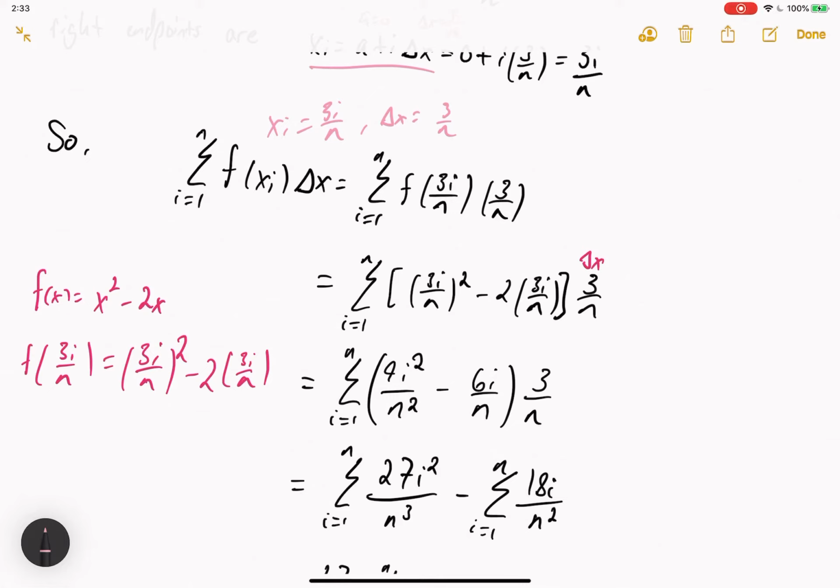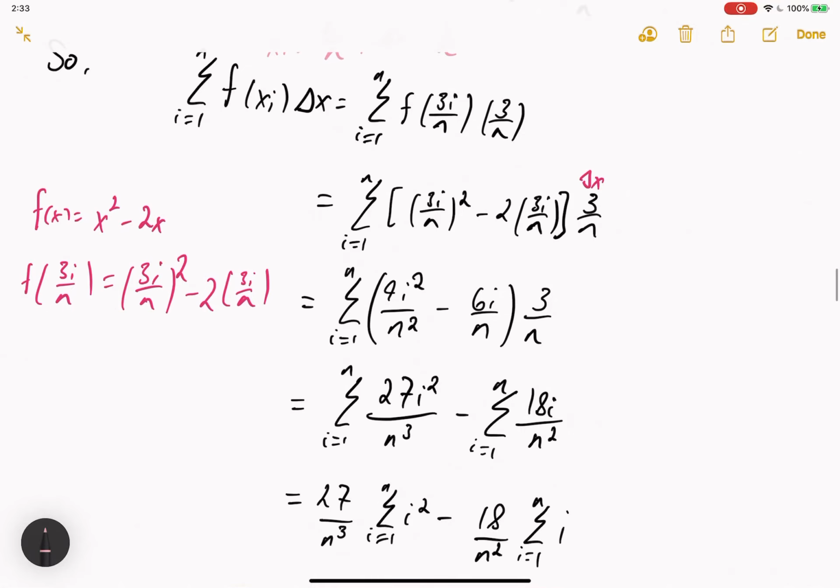So f of 3i divided by n, which I plugged in right here, and this is what you get: 3i divided by n, squared, plus 2 times 3i divided by n.